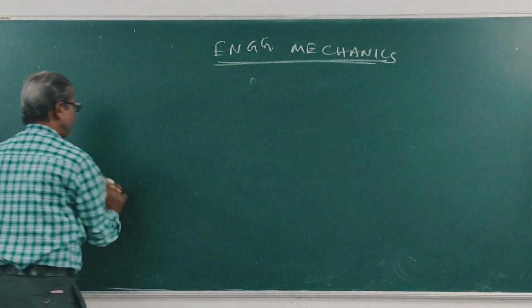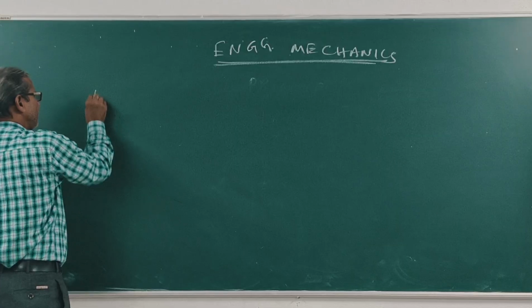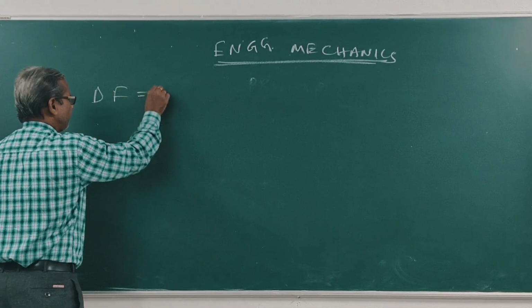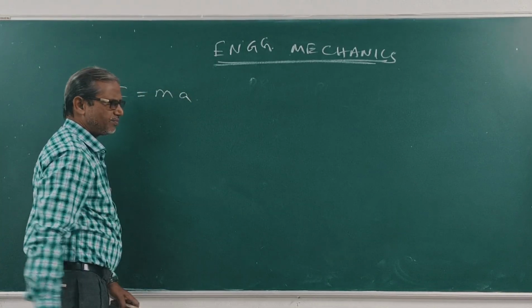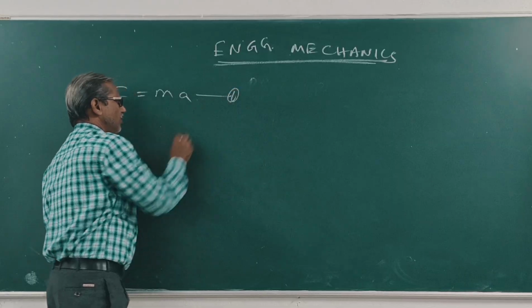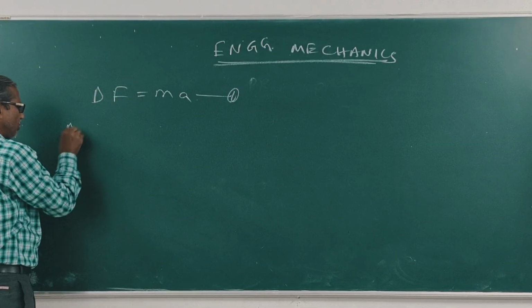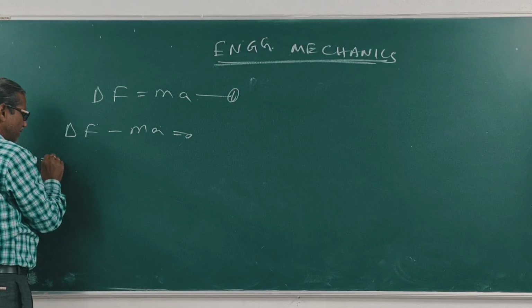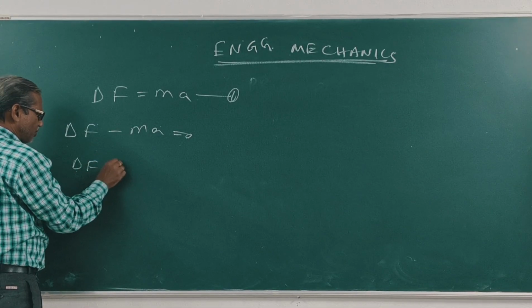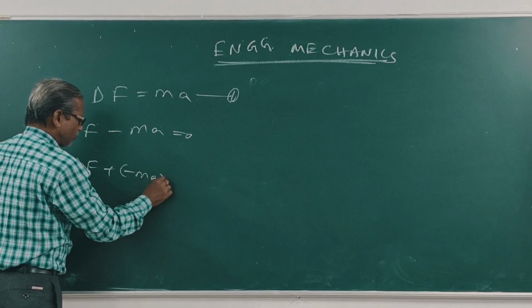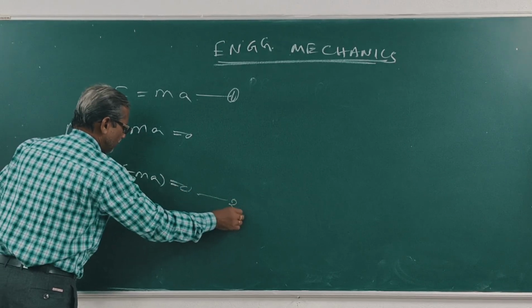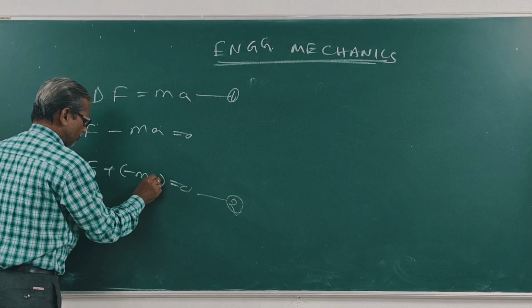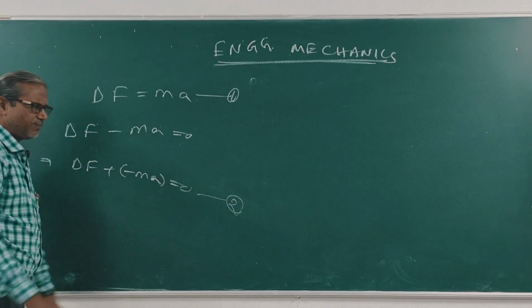We know the force acting on a body, ΣF is equal to ma. Clear? This is equation 1. Or ΣF minus ma is 0. This implies ΣF plus (minus ma) is equal to 0. Equation 2. Clear?